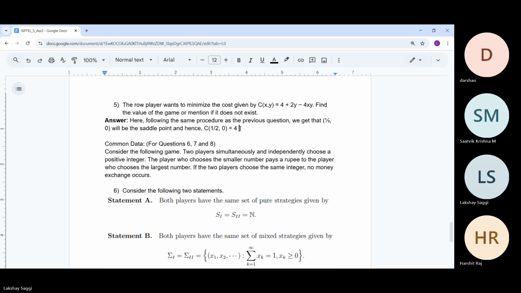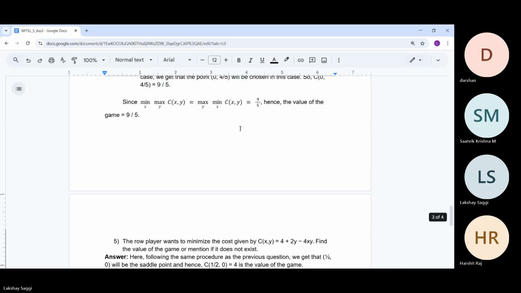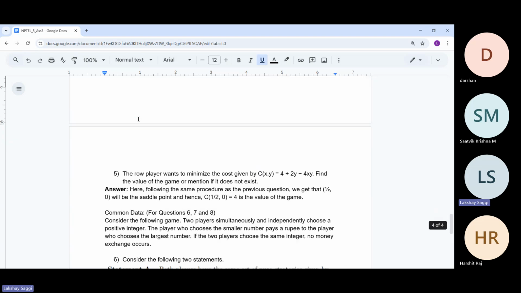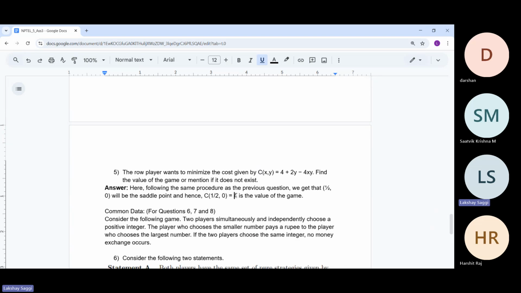So this being equal to 4 is the value of the game. Maybe I should just highlight the values which we update. 9/5 in the first, 4 in the second.